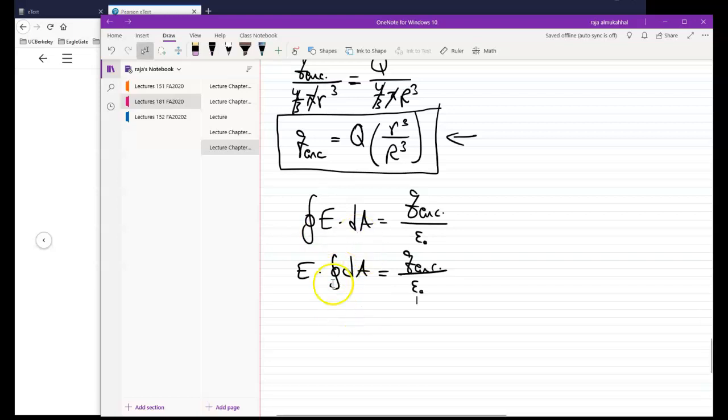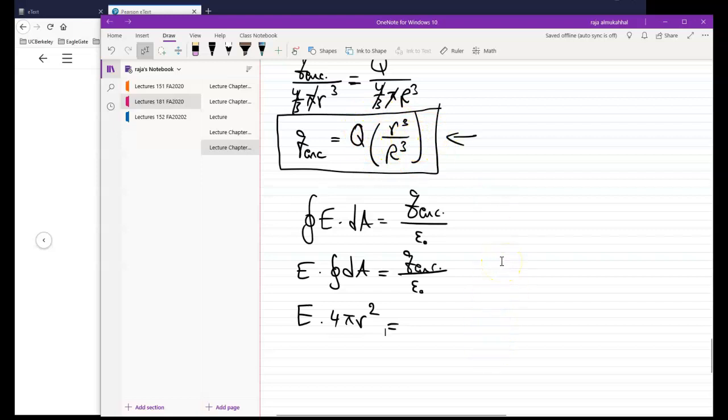And of course, this one is nothing but what? The surface area of the Gaussian sphere. So that would be E times 4 pi r squared equals to Q enclosed. Well, what is Q enclosed equal to? There we go. That's the one we're going to put in here.